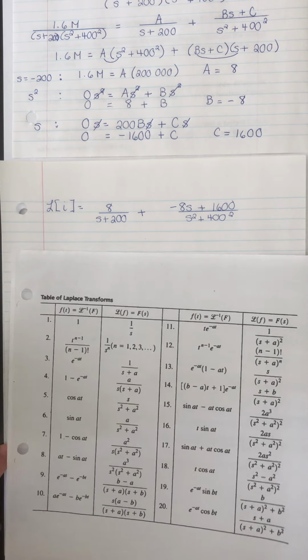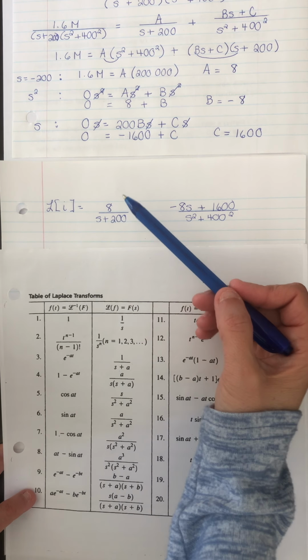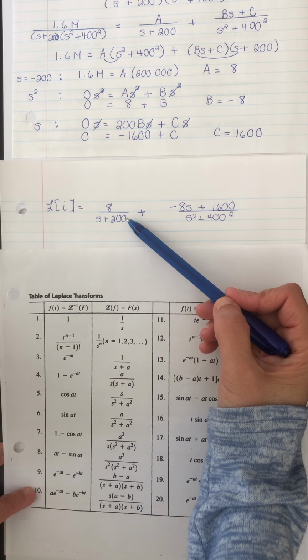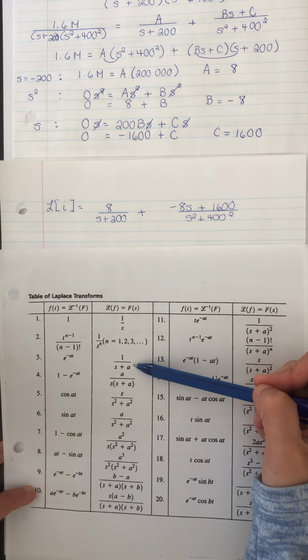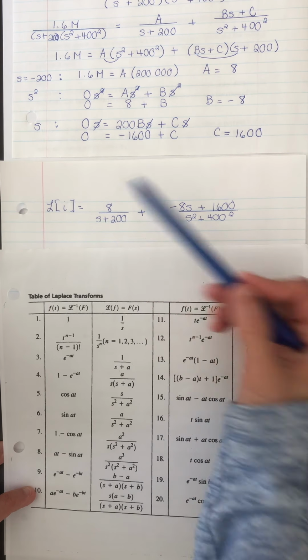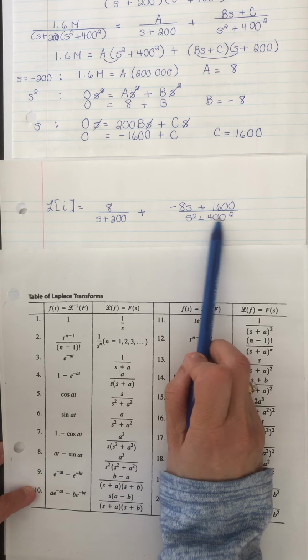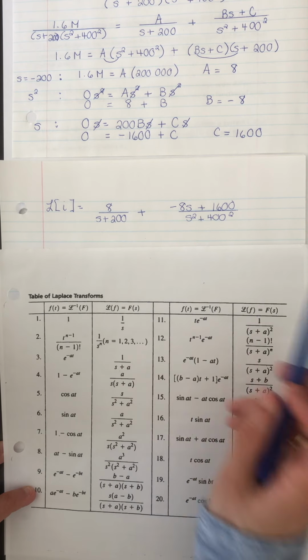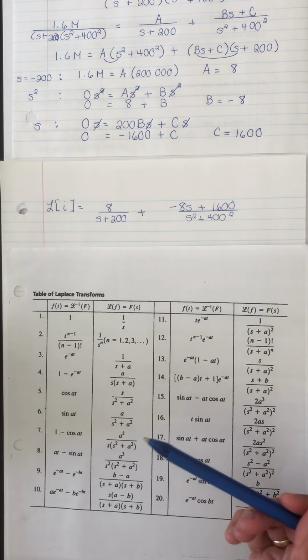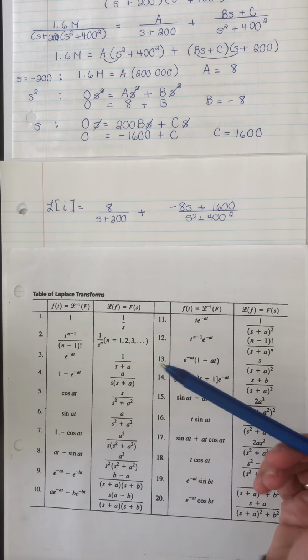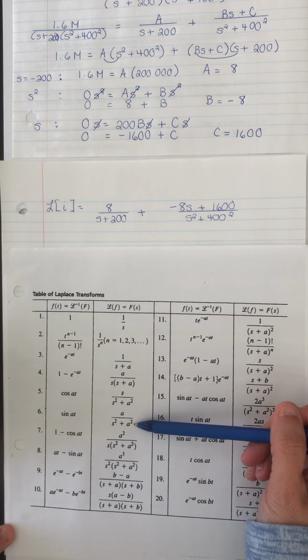So starting with this one, I think you're very accustomed to this one here. This is just number 3. The 8 can be moved out front. Where's this denominator? S squared plus a squared. Okay, I think that you can see it's here and here.